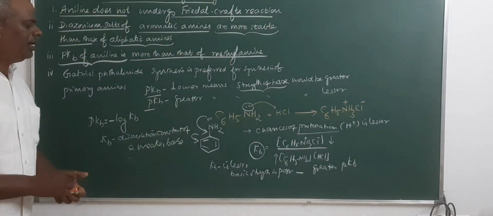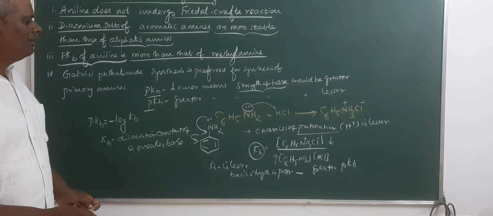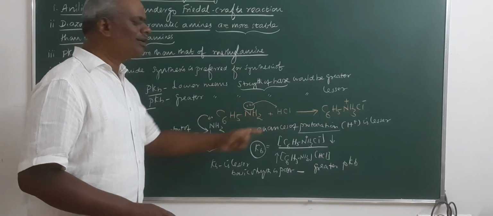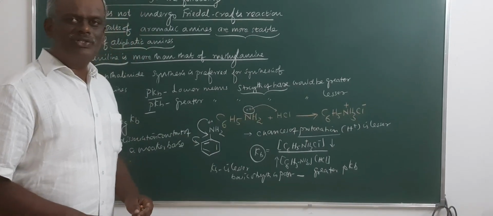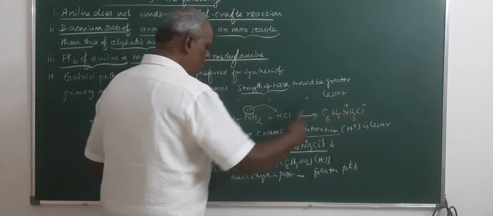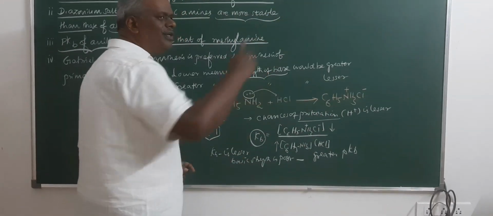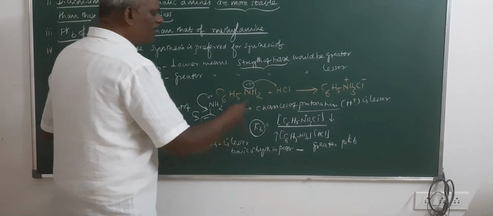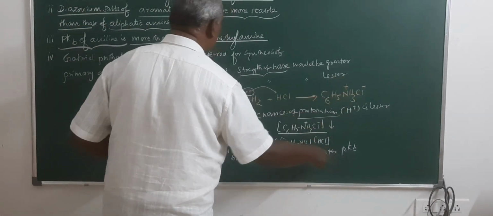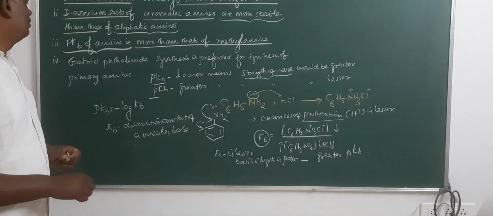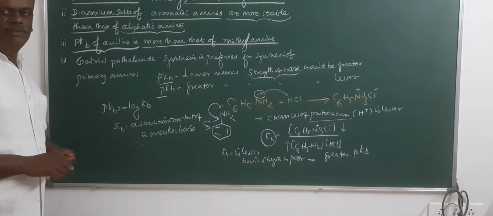But if you take any aliphatic amine, the aliphatic amines in which the nitrogen can readily donate electron pair to the acids, so that the concentration of product will increase, so Kb value will increase and basic strength will be greater. When the Kb is greater, pKb will be lesser for aliphatic amines. And this is the reason for this particular case.